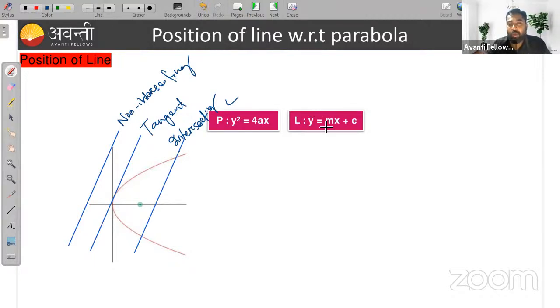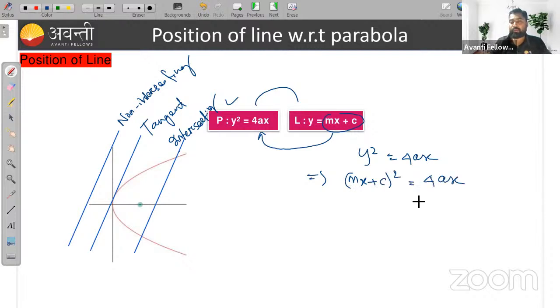Just solve these two equations. We have y is equal to mx plus c, so put the value of y equal to mx plus c in place of y in y square is equal to 4ax. So we have (mx plus c) whole square equal to 4ax.